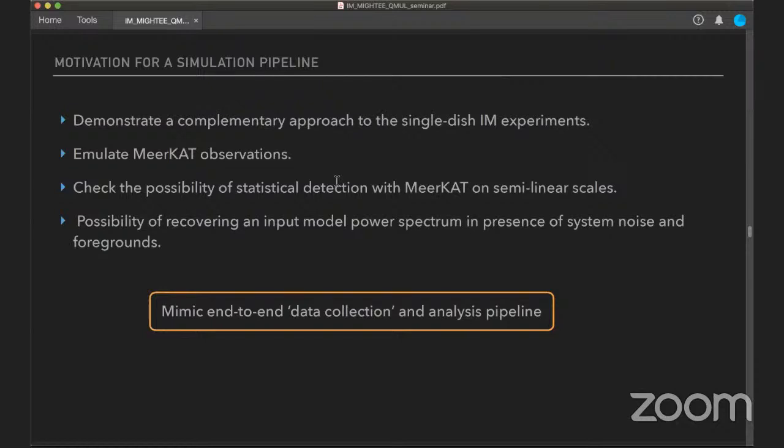If we have an input cosmological power spectrum in the simulation pipeline, can we actually recover it at the end? If we add realistic system noise and foregrounds, can we actually detect our input H1 model power spectrum in the presence of such contaminations? Therefore, we want to make a pipeline that can mimic an end-to-end data collection and analysis pipeline. That's the goal here, and we have made some sensitivity estimates with our simulation pipeline.